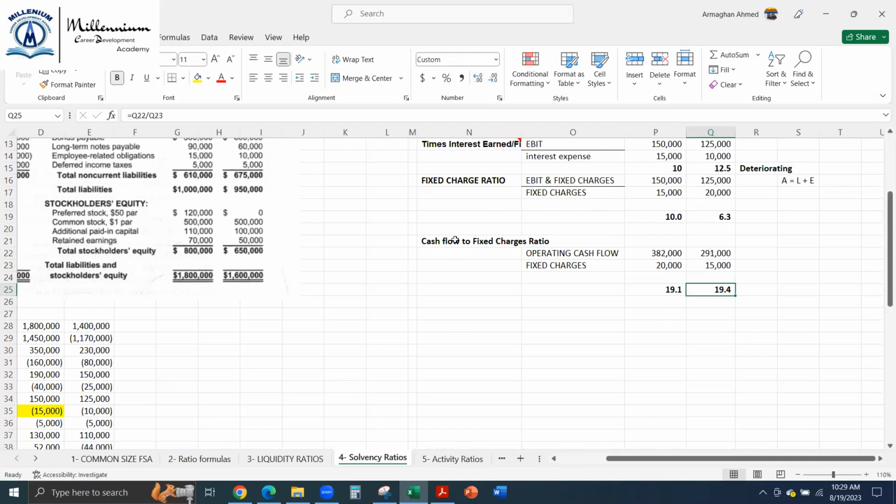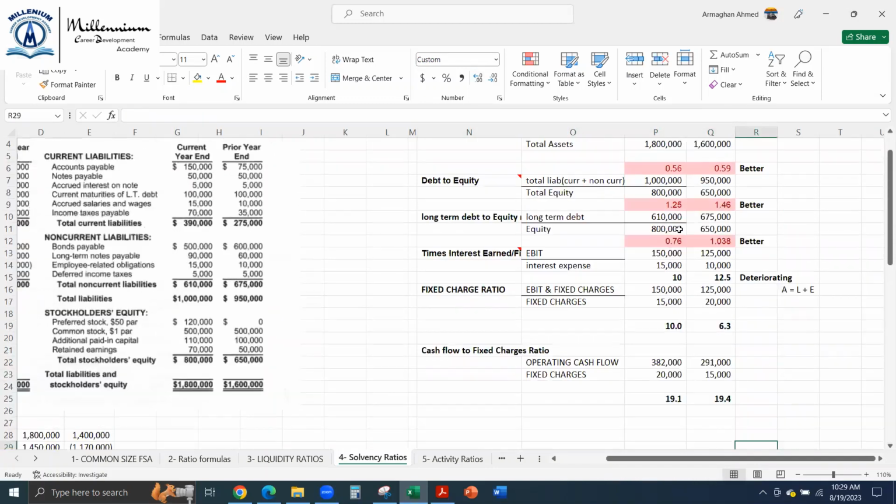So this is the cash flow to fixed charge ratio also we calculated, and that we have come to know, right?